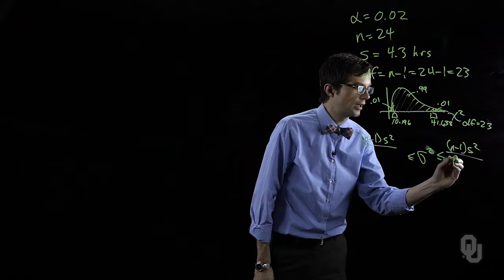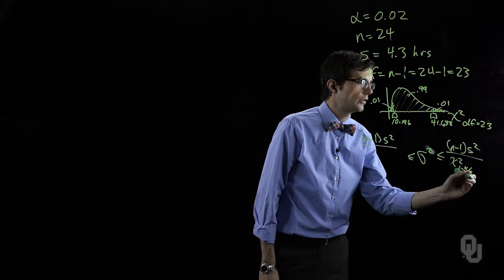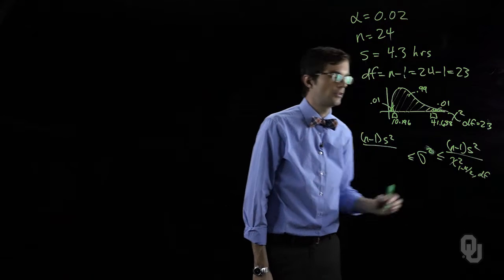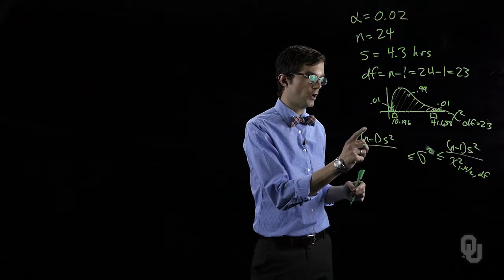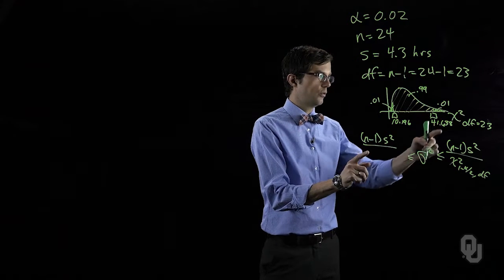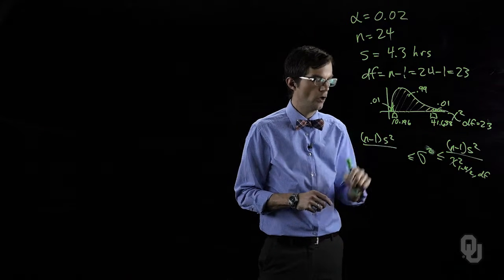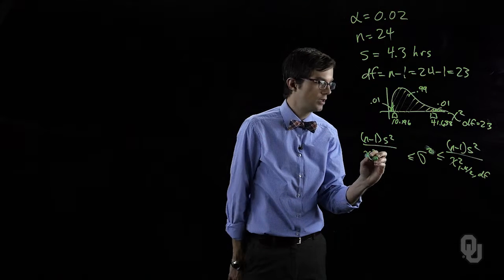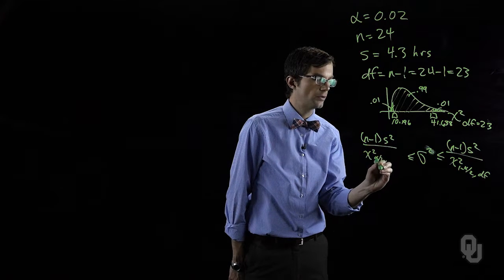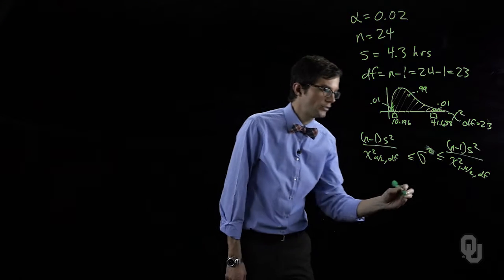So this is chi-square of 1 minus alpha over 2 in the upper tail with a particular degrees of freedom. Likewise, to get a smaller number, the lower bound, we need to divide by the larger number, chi-square with alpha over 2 in the upper tail. Okay, so let's implement this.